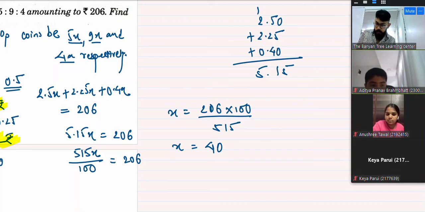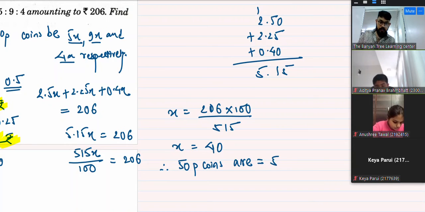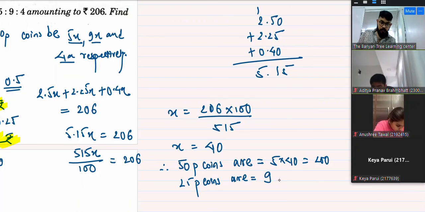Yes. You are right. So we have to find the number of coins of each type. Therefore, 50 paisa coins are 5x, that is 5 into 40, which is 200. 25 paisa coins are 9x, which is 9 into 40, which is 360.